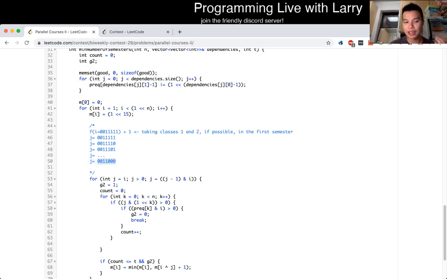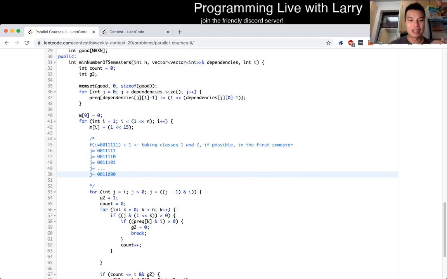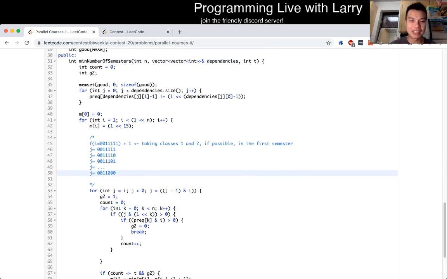So this time, okay, it's good, but you can only take classes that don't have prerequisites. So what I did is, I look at this bit, if we want to take this class, this is what k is. We want to take the kth class. The kth class has a prerequisite.